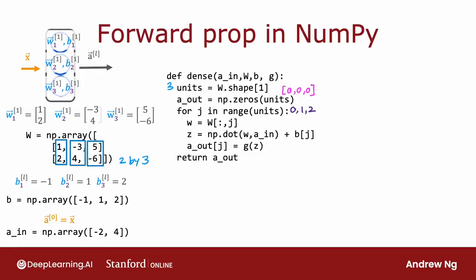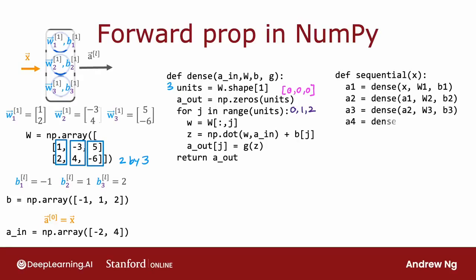So given the dense function, here's how you can string together a few dense layers sequentially in order to implement forward prop in the neural network. Given the input features x, you can then compute the activations a1 to be a1 equals dense of x, W1, b1, where here W1, b1 are the parameters, sometimes also called the weights, of the first hidden layer.